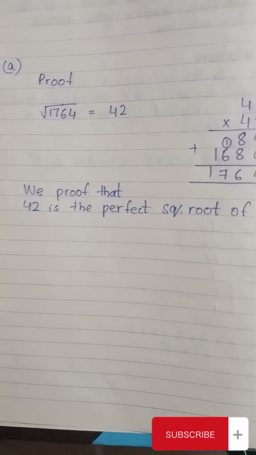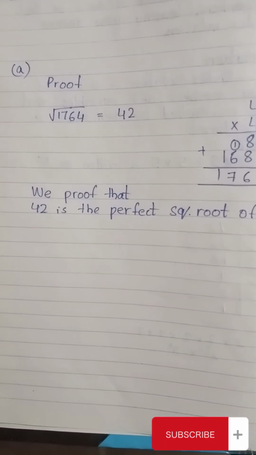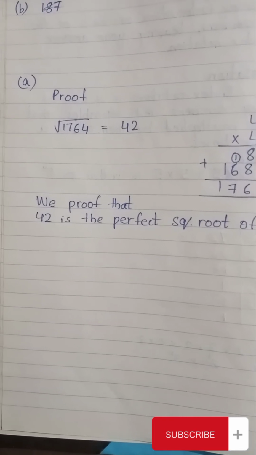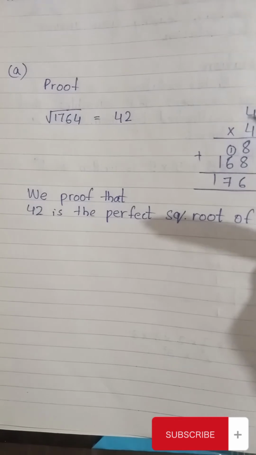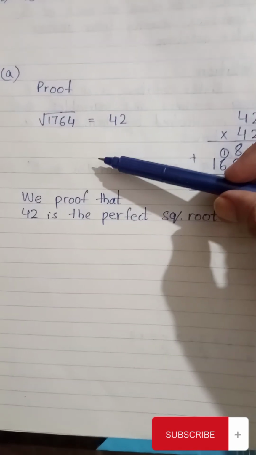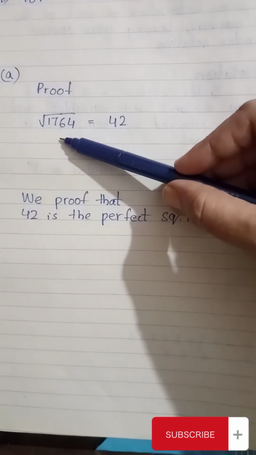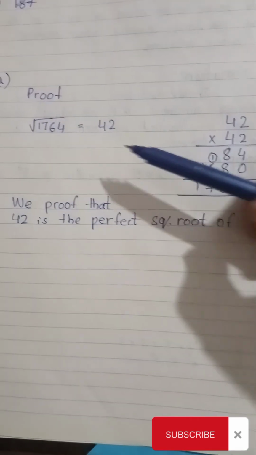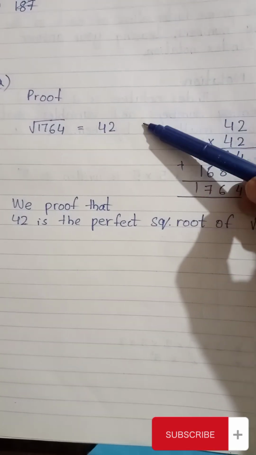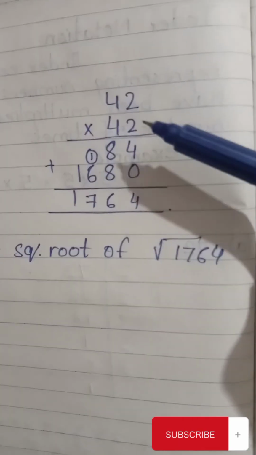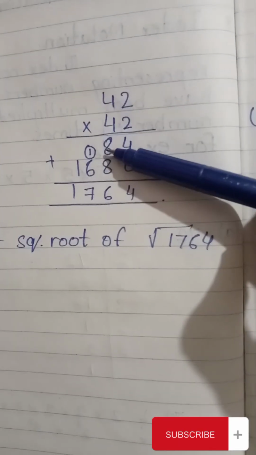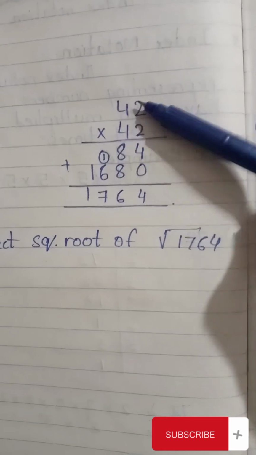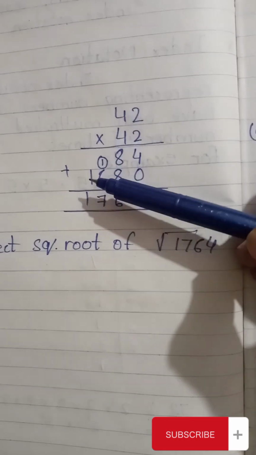Okay, now guys, you can see I prove my answer, that really it is the correct answer, that 42 is the square root of 1764. We write the square root of 1764 is 42. How do we prove it? We multiply 42 by itself. Here 2 2s are 4, 2 4s are 8. In the next step, we leave this space and start in the tens place. 4 2s are 8, 4 4s are 16.